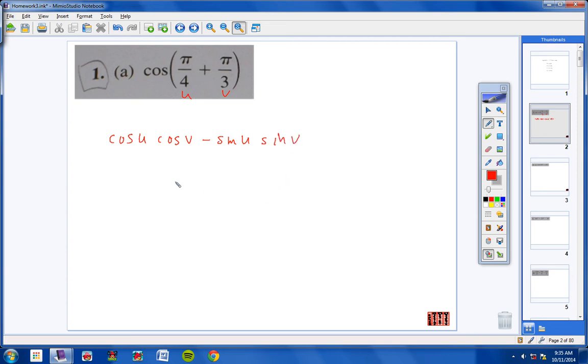Not too bad, okay? So we have the cosine of pi over 4, cosine of pi over 3, sine of pi over 4, and sine of pi over 3. And those are angles that we do know.